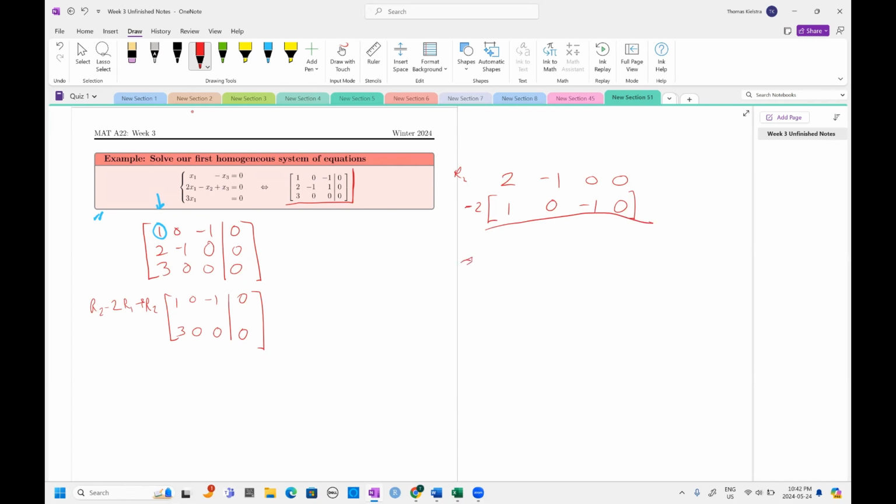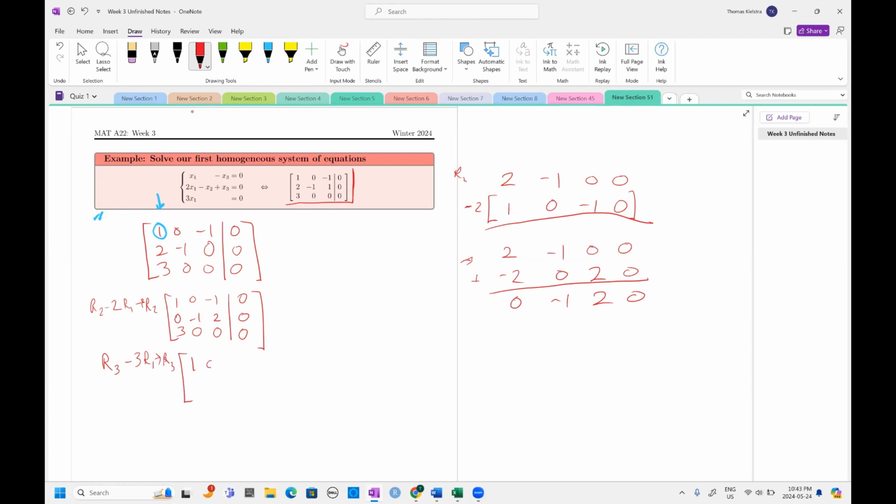So this would give us 2, minus 1, 0, 0, plus negative 2, 0, 2, 0. Now adding these gives us 0, minus 1, 2, 0. So that's what goes in this row: 0, minus 1, 2, 0. Once again, I can do row 3 minus 3 row 1, replacing row 3.